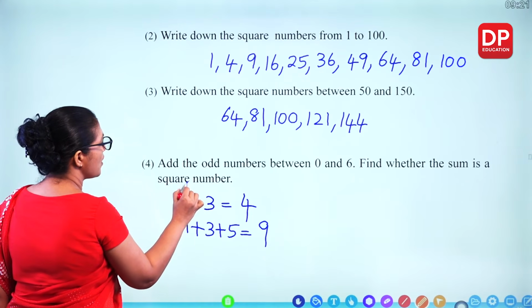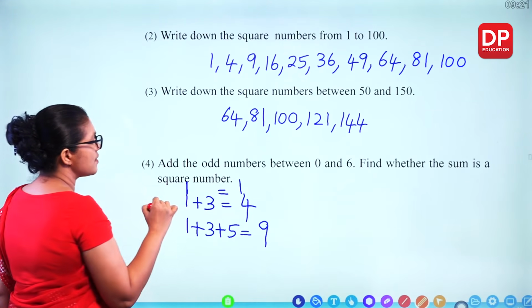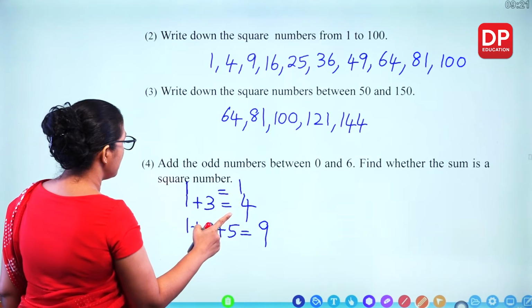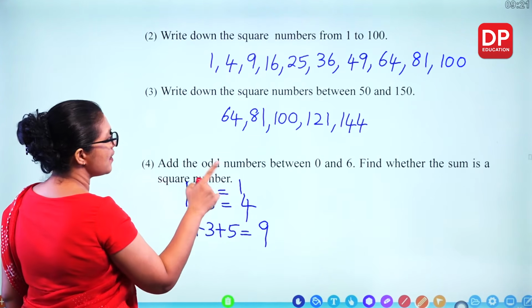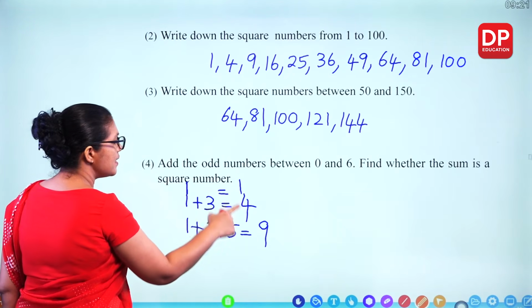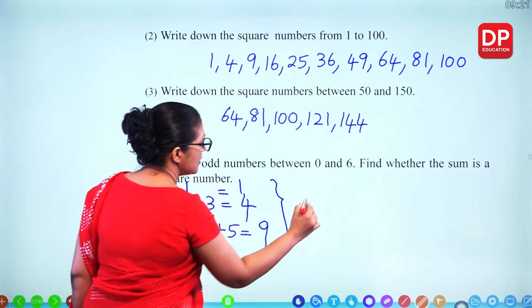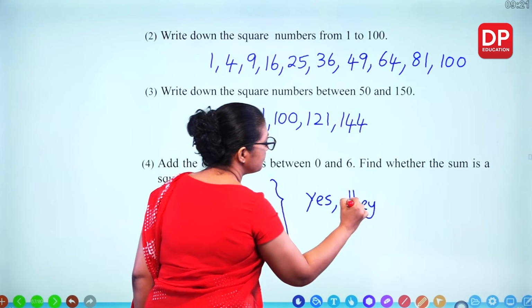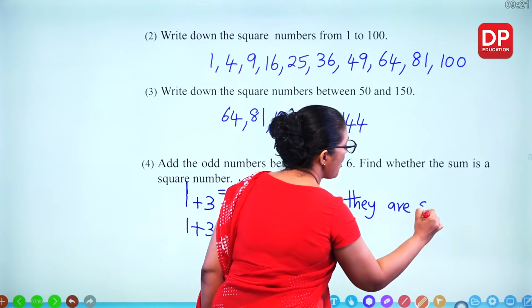Here 1 also you can consider. That's the first square number. You can't take 7 because 0 to 6. Find whether the sum is a square number. Yes. They are square numbers.